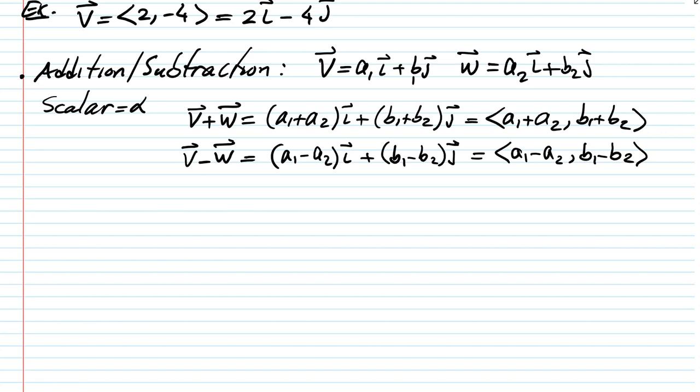See that? What if I have a scalar multiple, alpha times vector v in the ij form? You do the scalar times a1 i, and you do the scalar times b1 j.